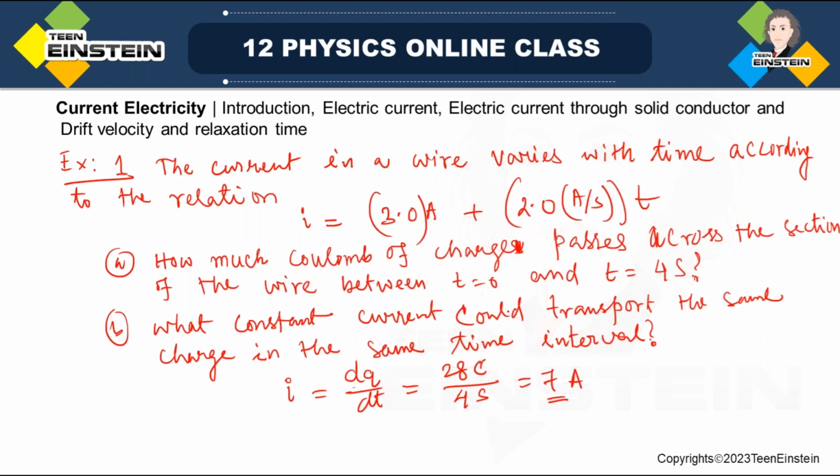So this is about a numerical problem. I think there is another numerical problem.